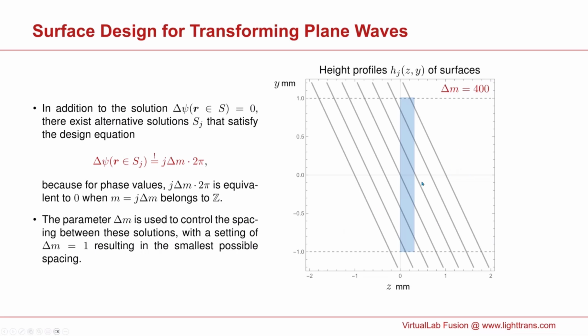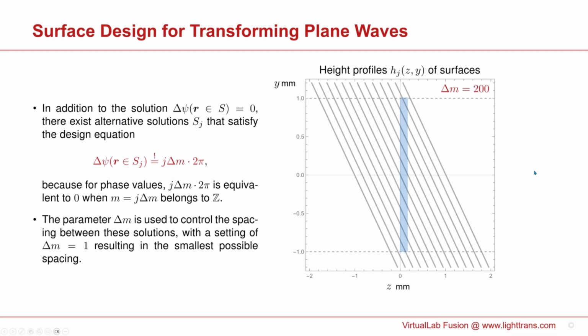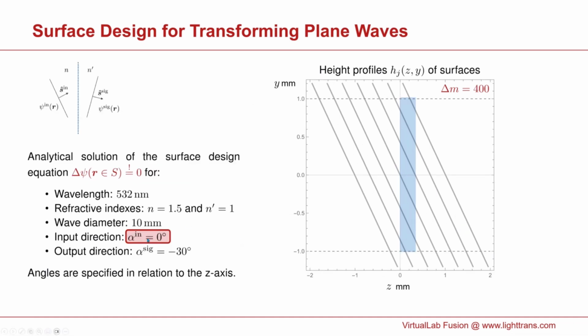So we have here, for example, different solutions for delta m equal 400, which are just parallel planes here, and delta m equal 200 is shown here. Now, based on the input direction, here for this case 0 degree, we can start, for example, here or here with an input direction and construct a triangle using this first plane.